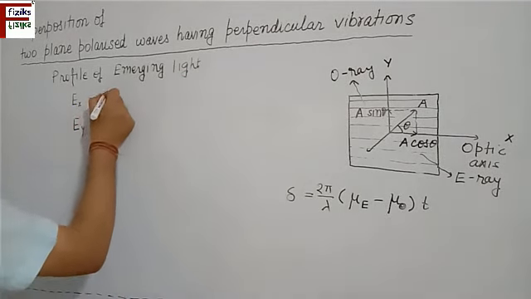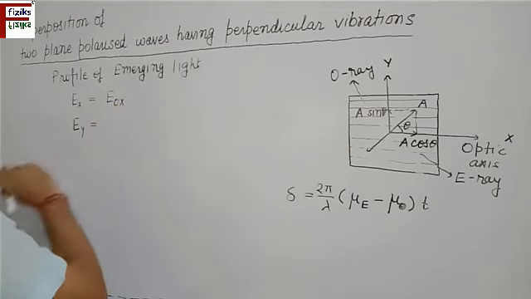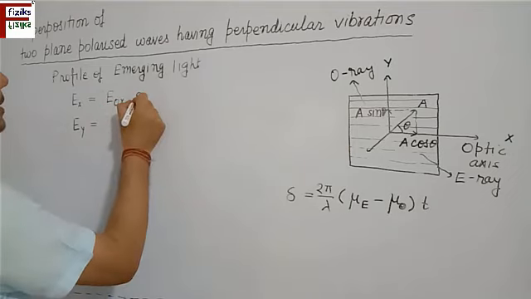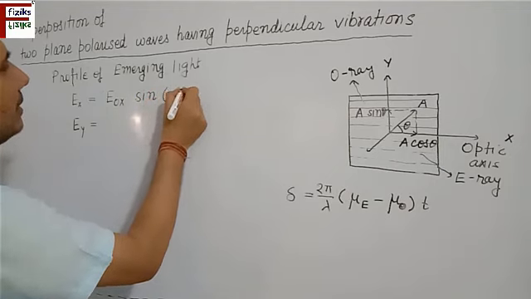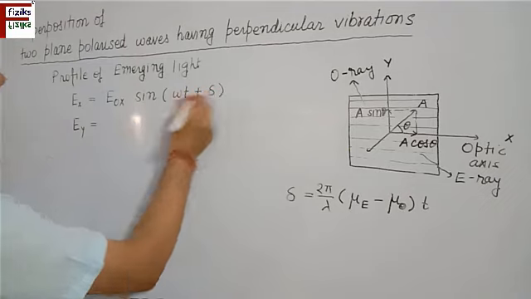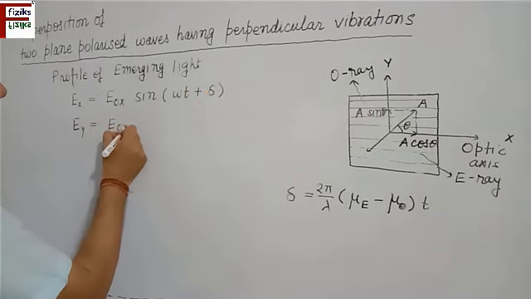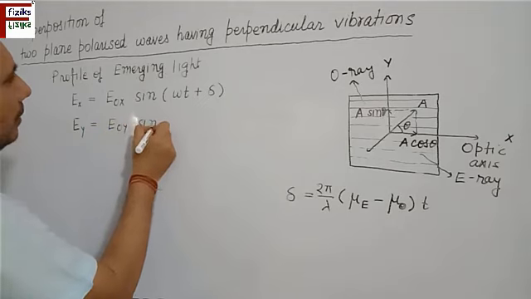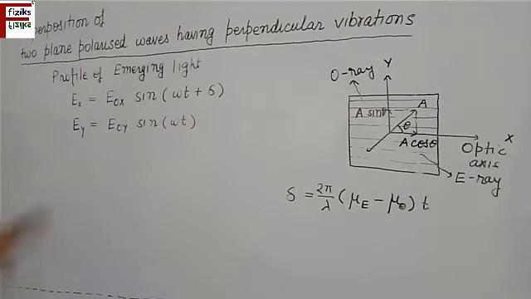This will be E naught x, its amplitude will remain the same, and this sine omega t will be there, but an extra phase difference will be introduced, that is delta. And here this is E naught y sine omega t. So on the emerging side we have this profile of the emerging light.